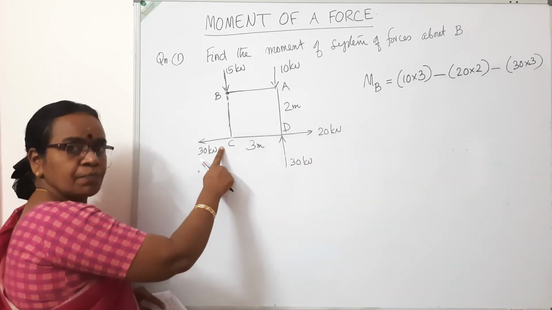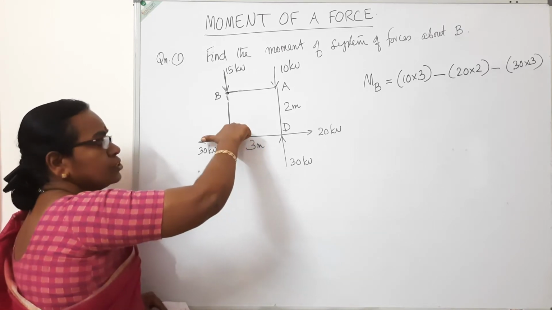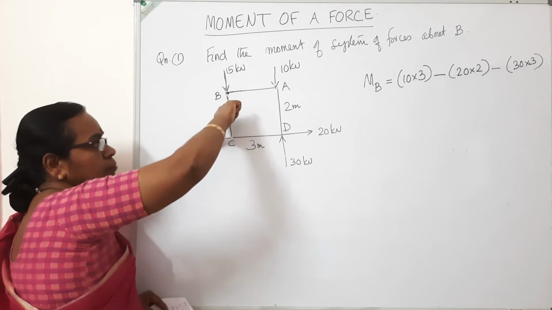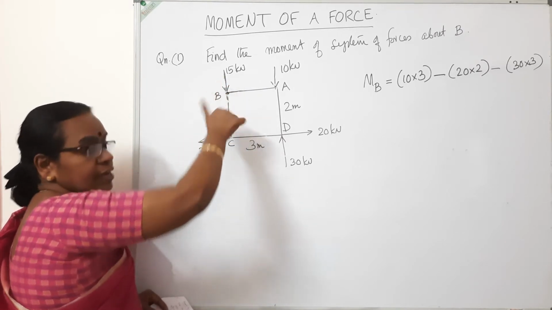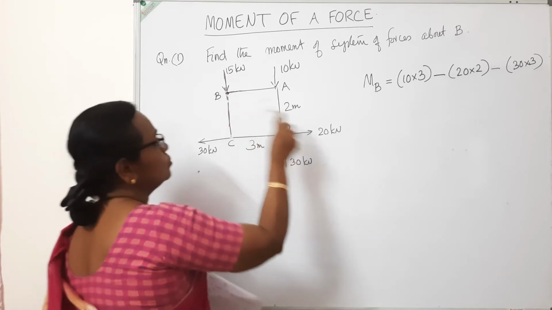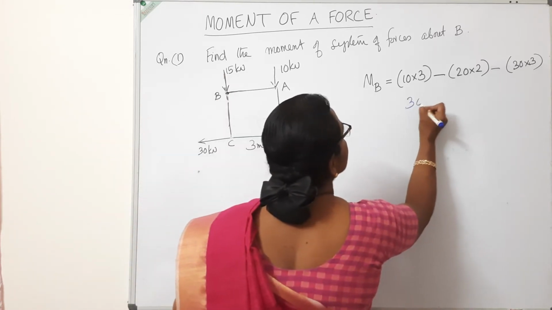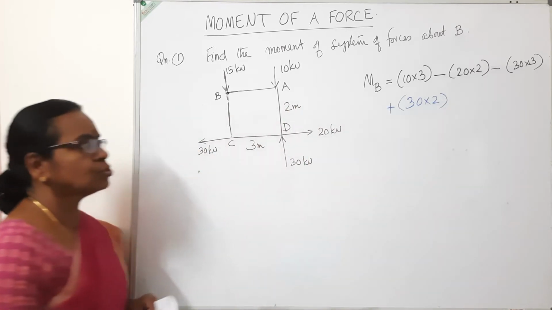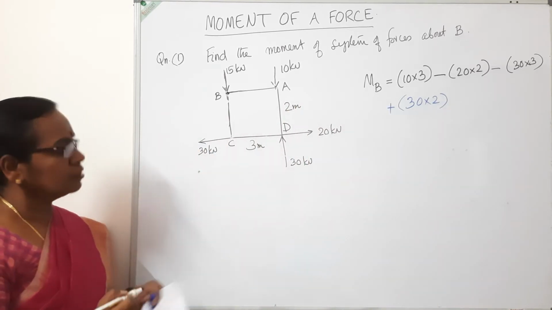This 30, in this direction, moment about B. Rotate it, thumb goes in clockwise direction. 30 into 2 is clockwise. Plus 30 into 2.